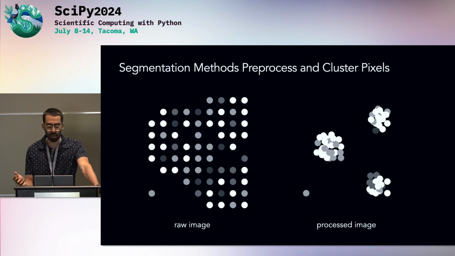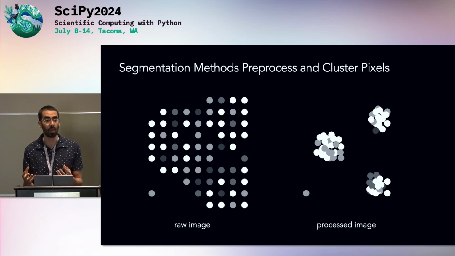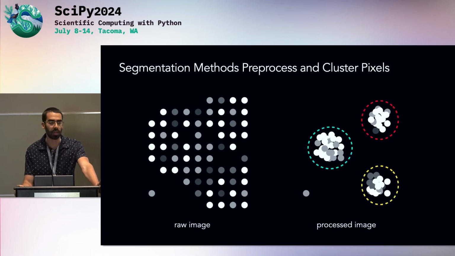But other methods see it more as a clustering problem. They obtain features for each pixel, you want them to be more similar within each segment, and then you just cluster them. Essentially, a very simplified view is a two-step process: you have a pre-processing and then a clustering.